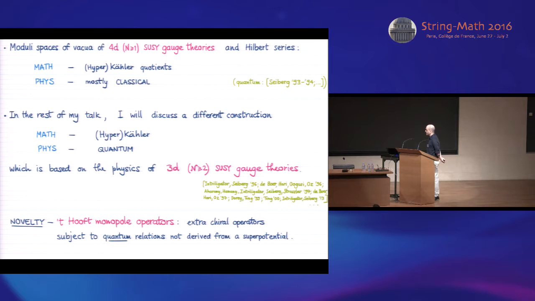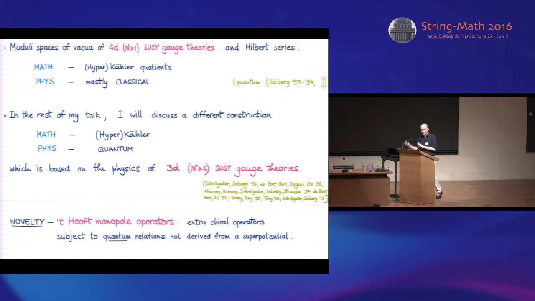So in what I've described so far, in the context of moduli space of vacua for four-dimensional N=1 supersymmetric gauge theories and Hilbert series, mathematically what we found for the moduli space is that these are Kähler quotients, and if we consider Higgs branches of four-dimensional N=2 theories, we would have found hyper-Kähler quotients. And on the physics side, the analysis was mostly classical.